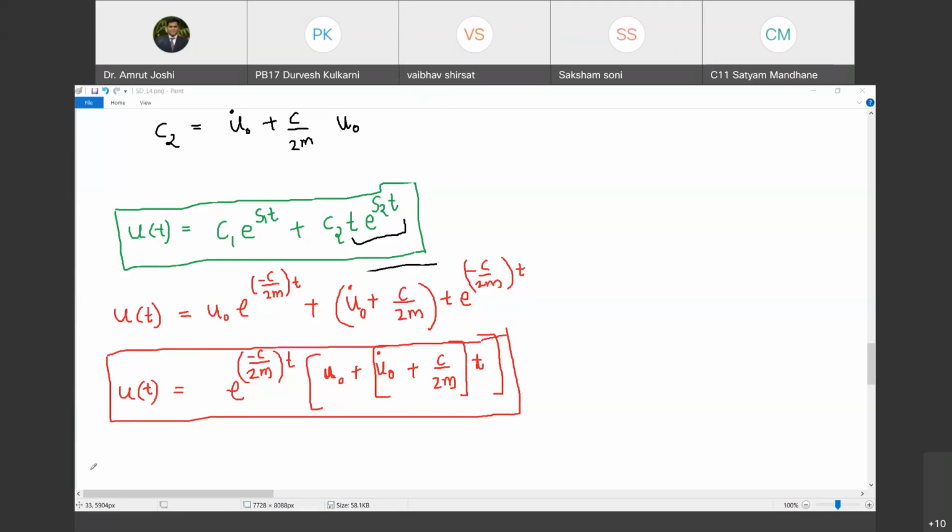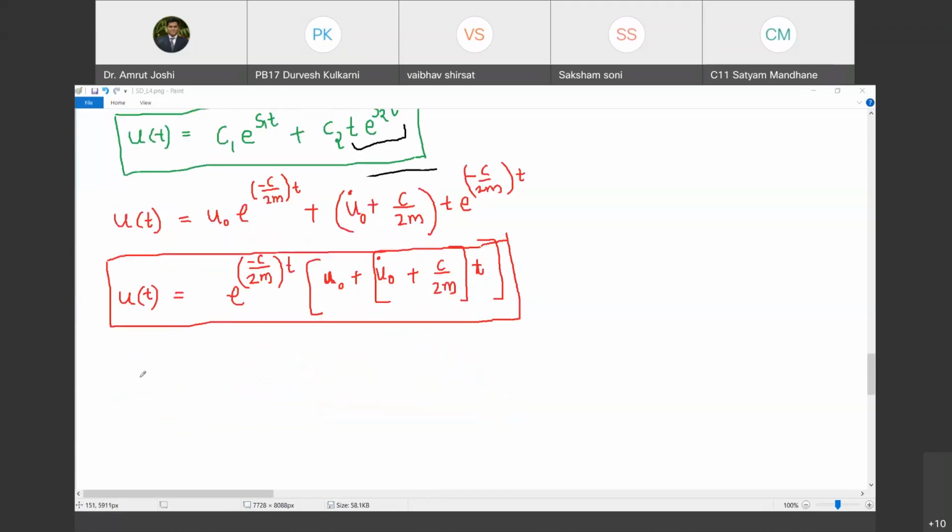Yes. So this equation looks a little bit clumsy, but now we are going to consider the Excel file that we were updating, where we had solved for undamped free vibration. Do you agree with me, Vivek? Yes, sir. So if it is undamped, that means c is equal to 0.